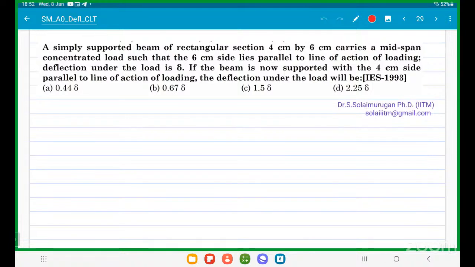So tomorrow come prepared with Mohr's circle principal stress calculations, whatever we discussed in the classroom. Directly we can go to questions tomorrow. If possible, theory of failure also. We cannot discuss it in the class; only questions we want to discuss tomorrow. Screenshots taken? Okay, done.